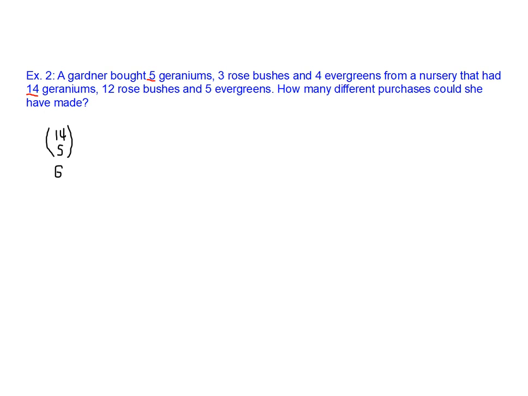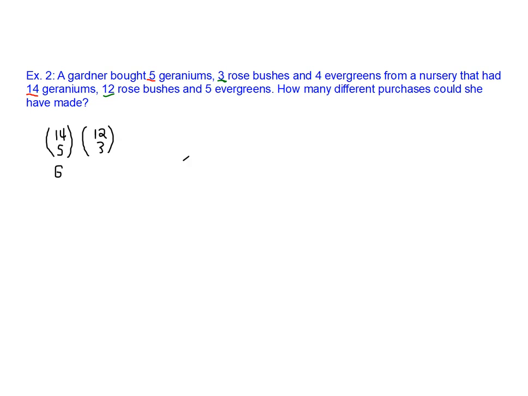Then we move on to the next one, the rose bushes. She's going to buy 3 rose bushes, and there were 12 to choose from. I'll indicate that here: there were 12 rose bushes to choose from, and she chose 3 of them.